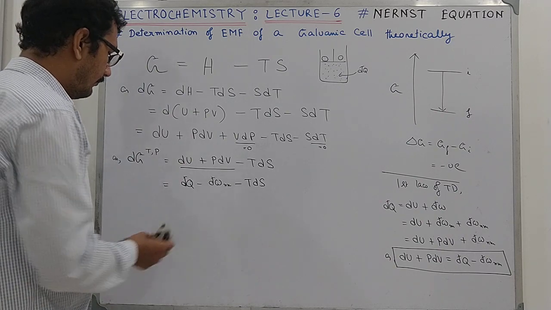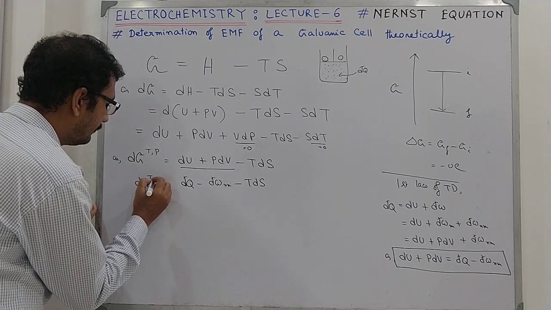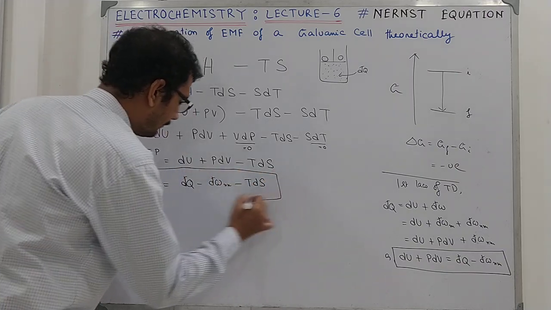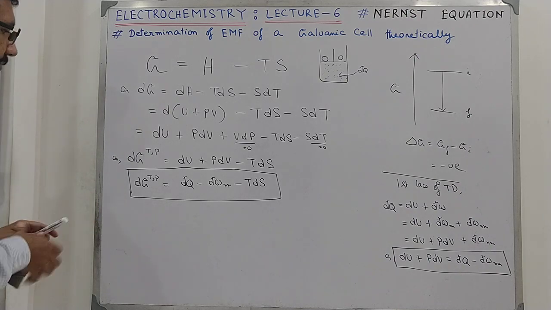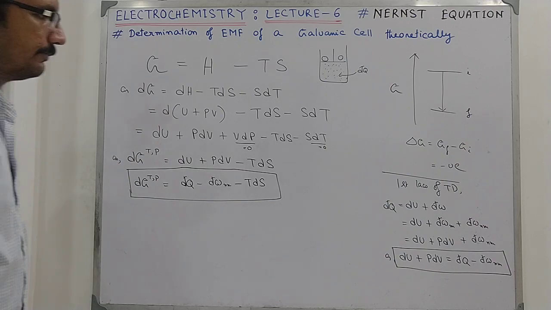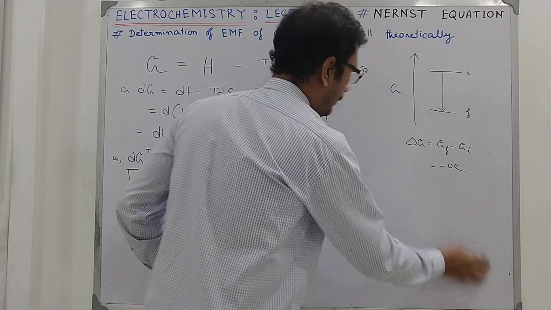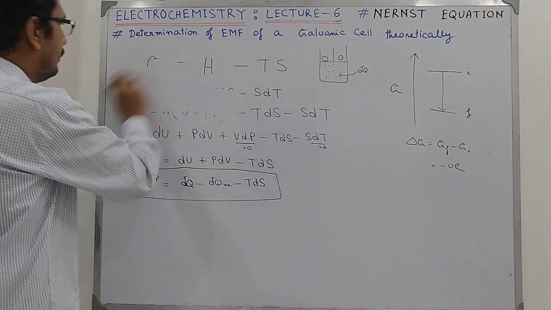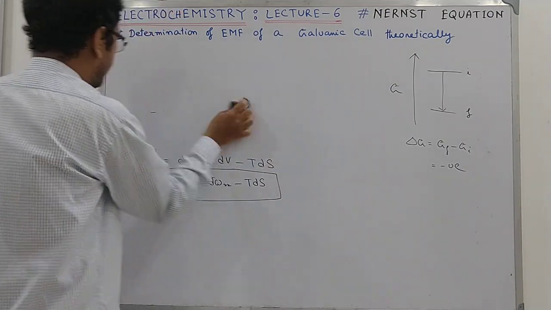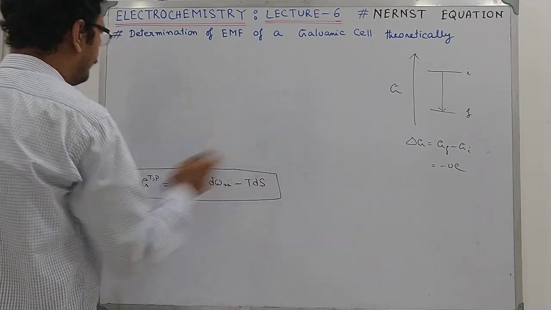Now we have the value of the change in Gibbs free energy for a galvanic cell at constant temperature and pressure. Now if we draw electric current reversibly from this galvanic cell, let us see what will happen.